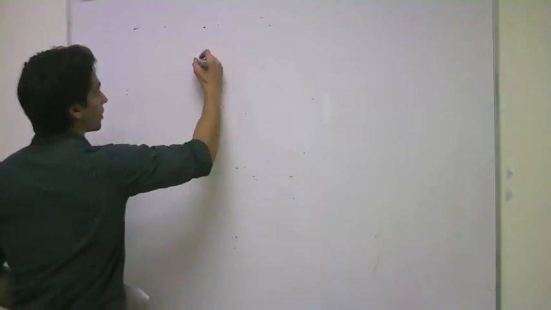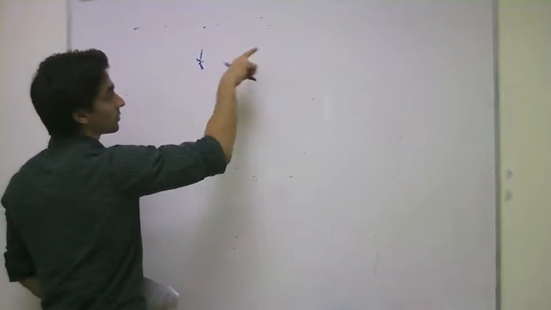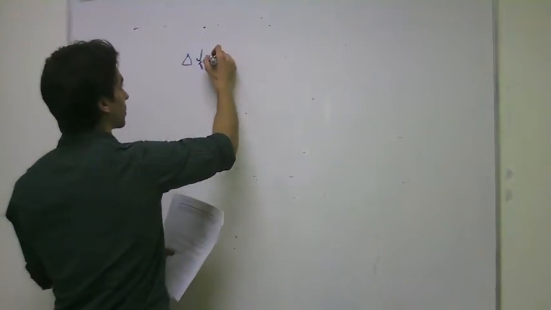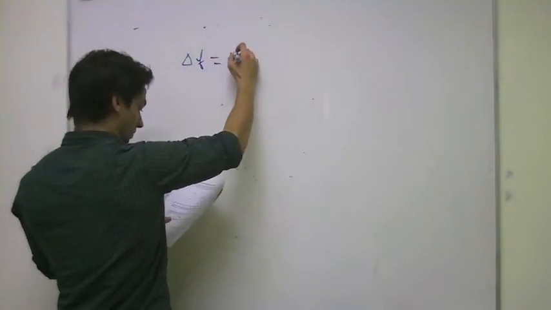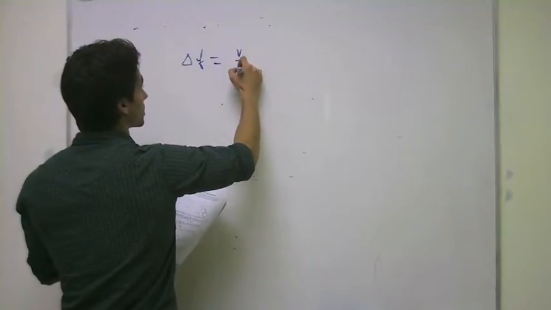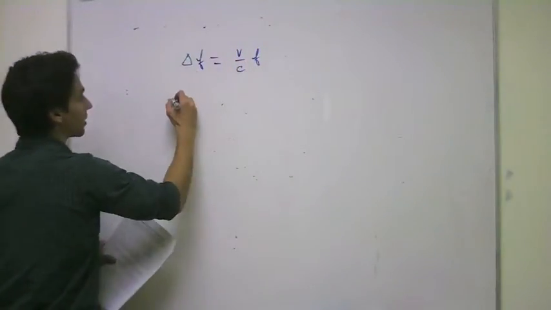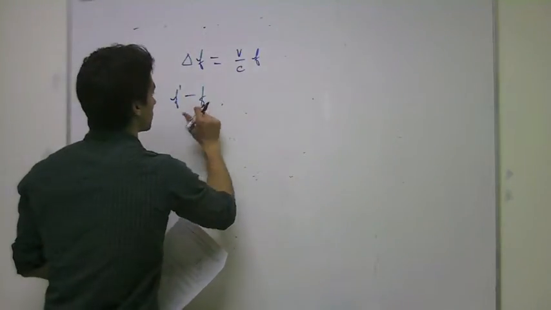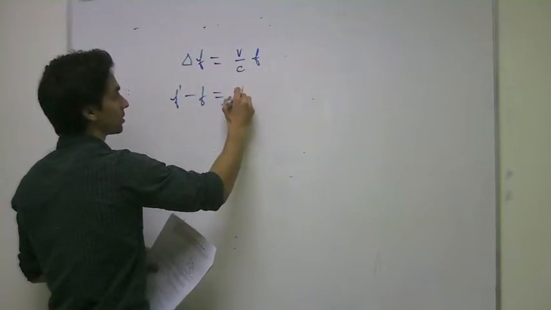Now, how does it do that? We know that for electromagnetic waves, which we just talked about, delta f equals v over c times f, right? Delta f is the observed frequency minus the original frequency.